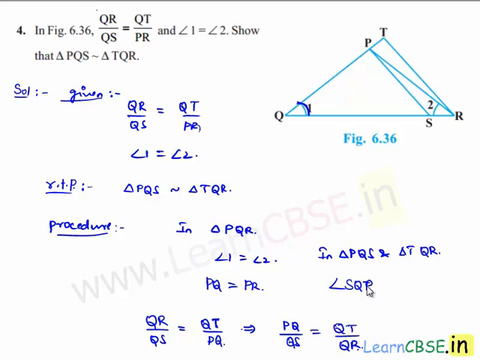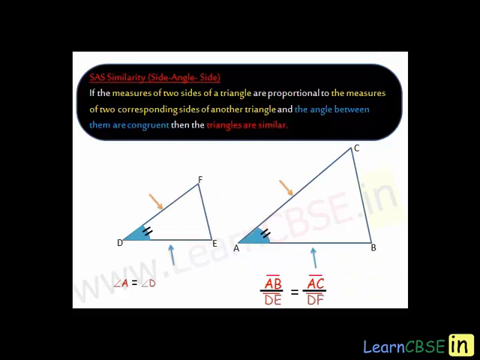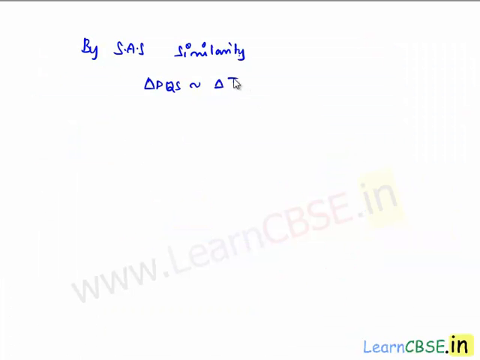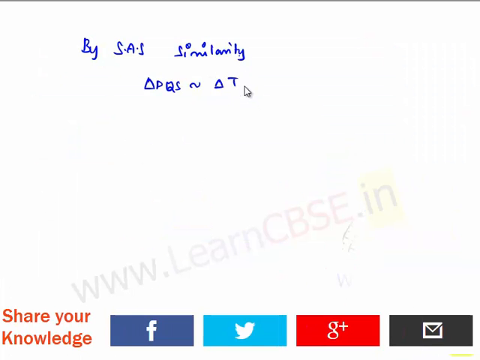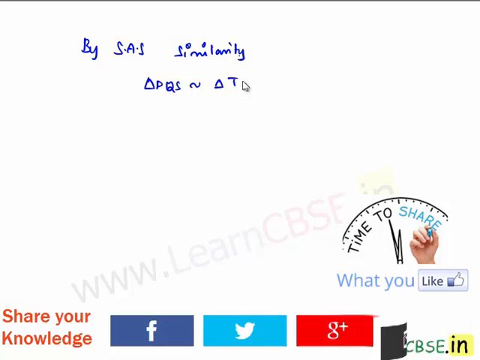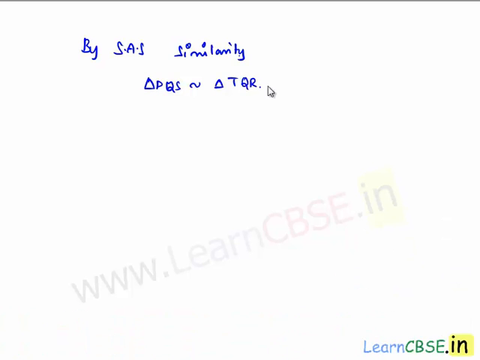Angle SQP is equal to angle TQR, which is a common angle in both the triangles. So finally, therefore, by SAS similarity we can say that triangle PQS is similar to triangle TQR.